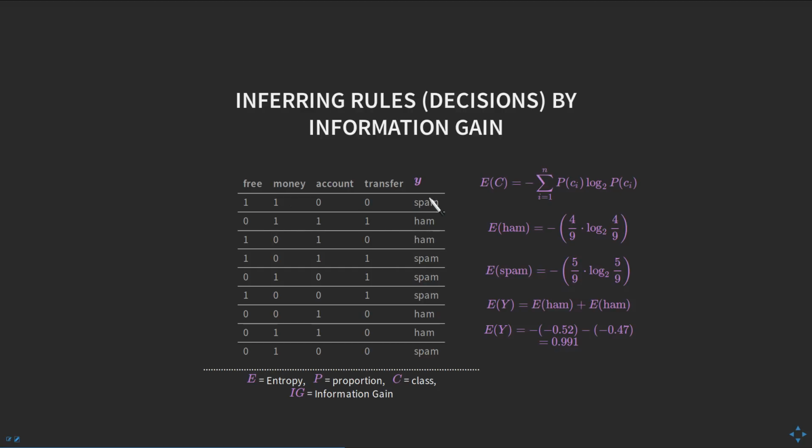So the ones that we label as spam are called spam, like this, and then the ones that we think are correct emails and shouldn't be chucked in the junk mail are called ham. We have our labels here, so it's either spam or ham. There's some words that are either on or off. So in this document, free is on, money is on, account is off, transfer is off, and it's labeled as spam.